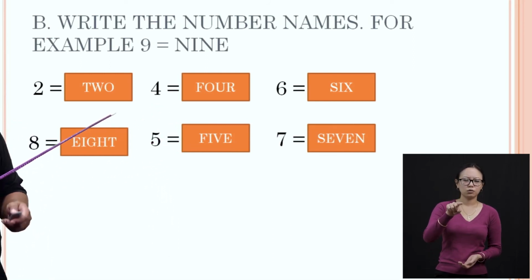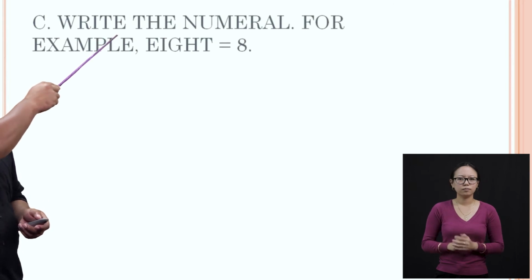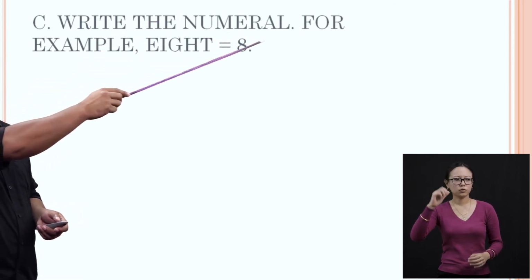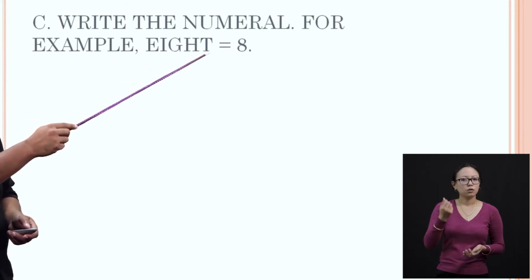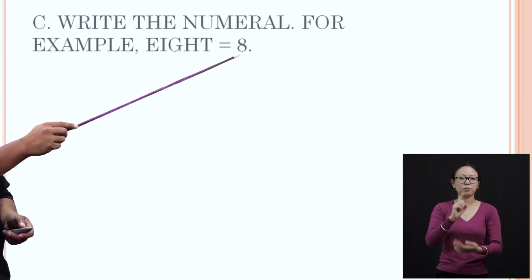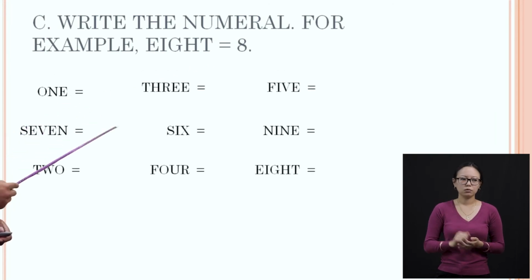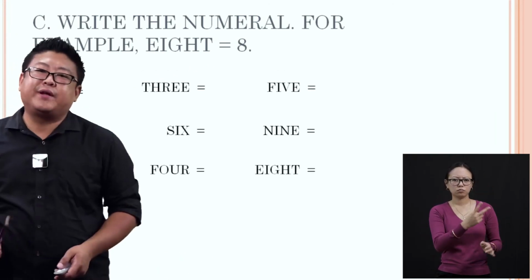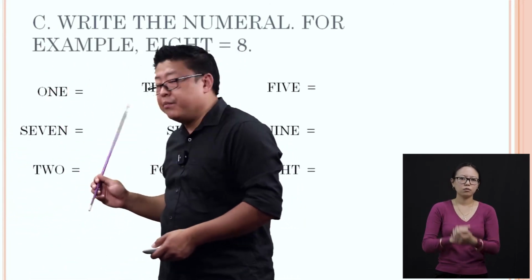Okay. Let's look at another example. Here, they are asking us to write the numeral. For example, 8, EIGHT, is equal to 8. All right. So the names are given here. You can see that different names are given here. We have to write the numbers for this.